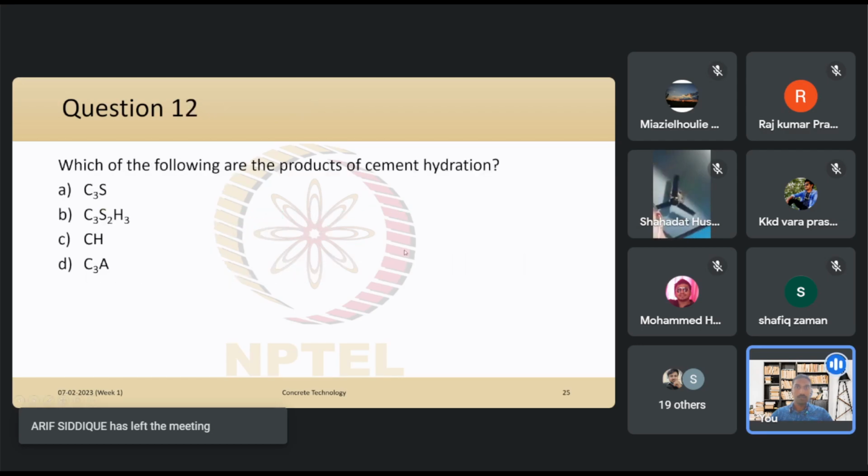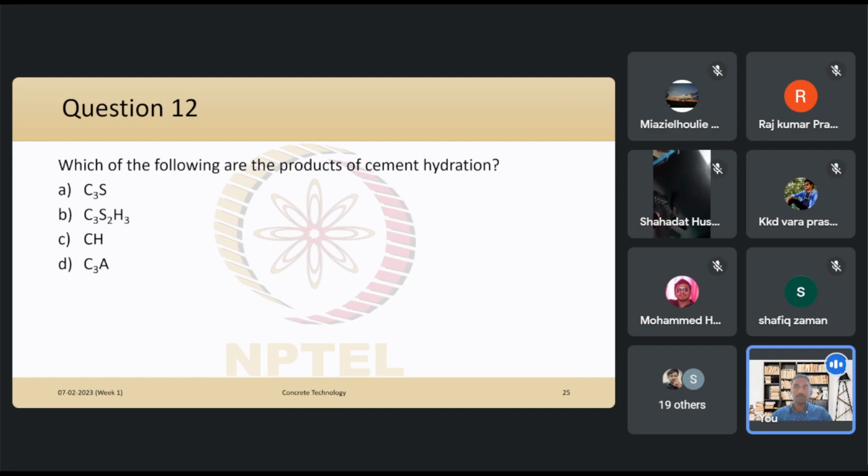Question number 12. Which of the following are the products of cement hydration? So we have four options: C3S, C3S2H3, CH, C3A. So I'll create a poll again. This is a multiple answer question, so more than one option could be correct in this case.